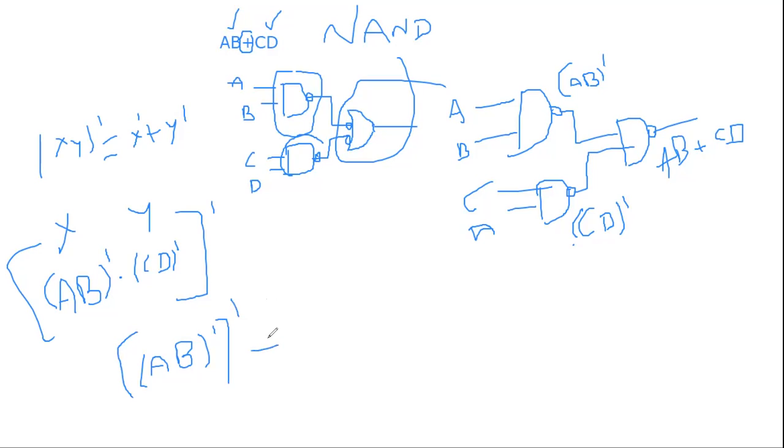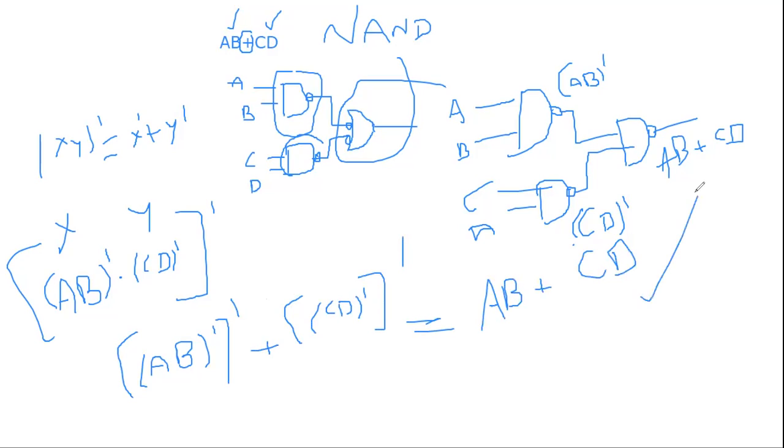Okay, plus CD whole bar, whole bar. Then what is this equation? AB plus CD, right? Okay, this is the way to realize the circuit using NAND.